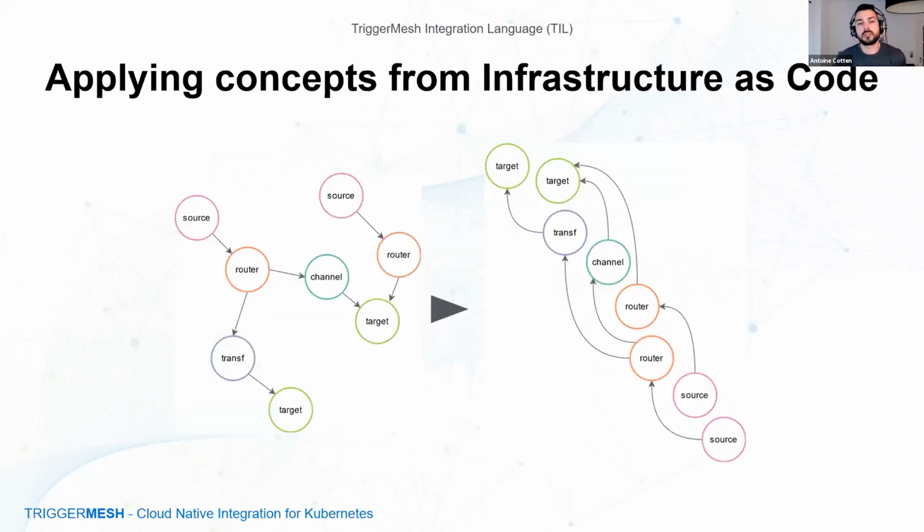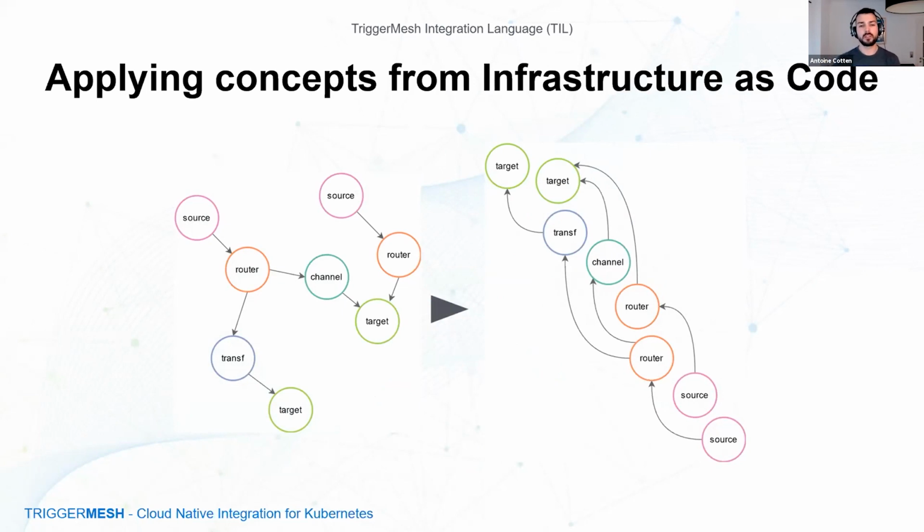Okay, so beyond this declarative aspect, we reuse some concepts from infrastructure as code, meaning that by declaring connections in the TriggerMesh integration language between the messaging components, we can reason about the entire messaging system as a directed graph, exactly like one would do to declare a connection between cloud services in infrastructure as code solutions.